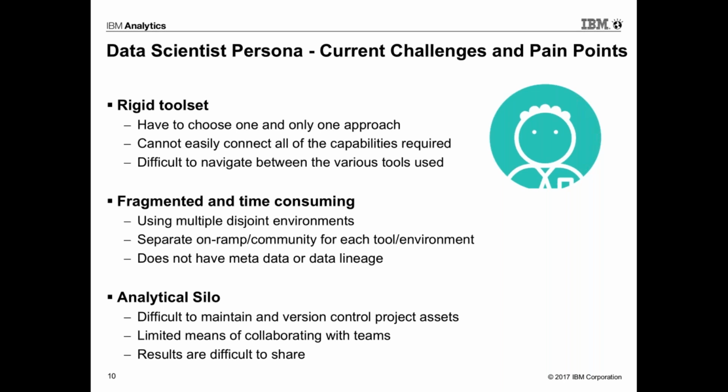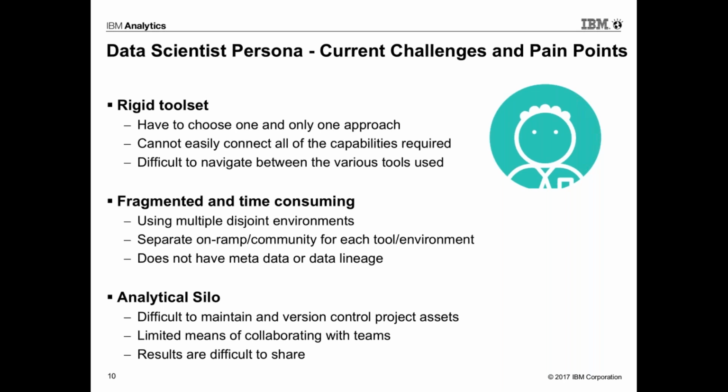And then there is a fragmented and time-consuming aspect to the challenges and pain points. There are different disjoint environments, and it becomes really frustrating when, let's say, we are working on a particular project and we are halfway through it using Python, and then we have to use Spark or RStudio, and there is no real-time collaboration or integration.